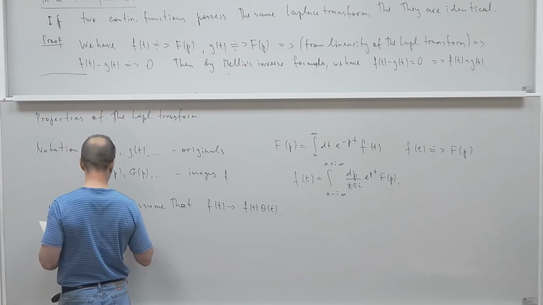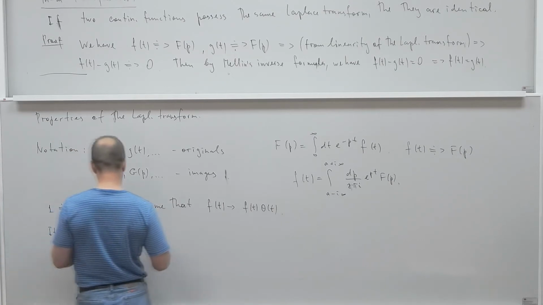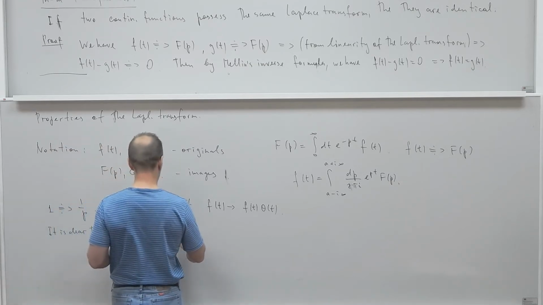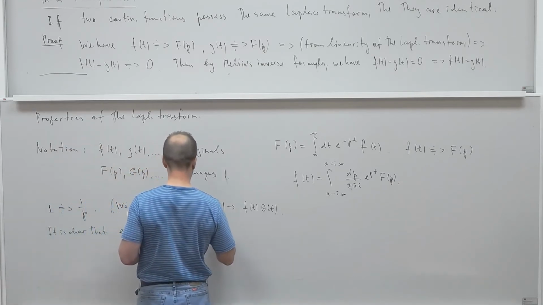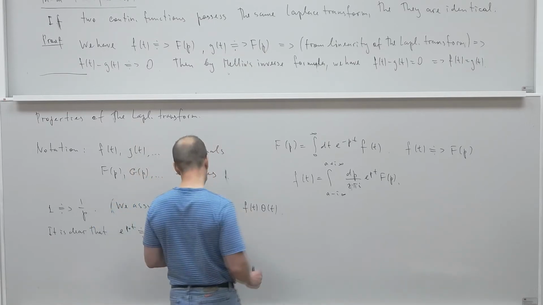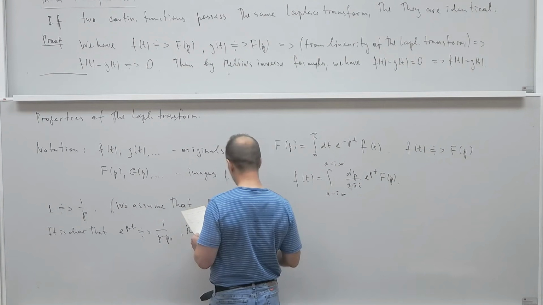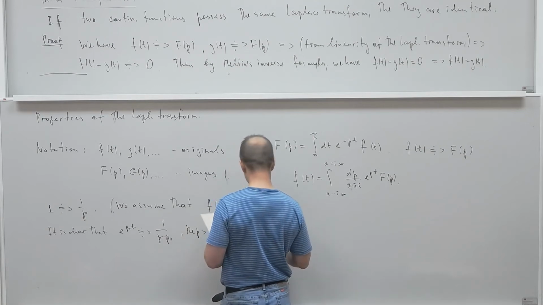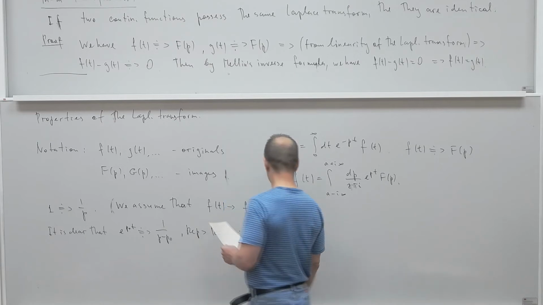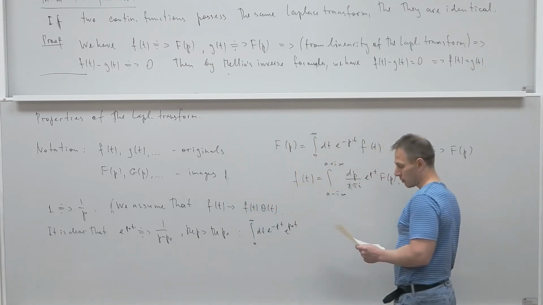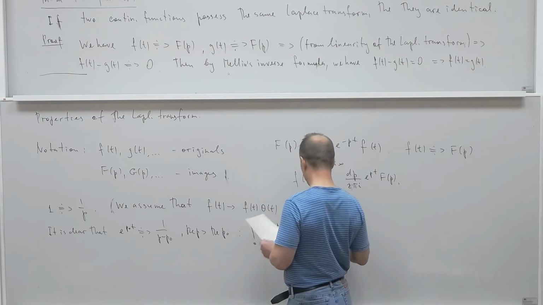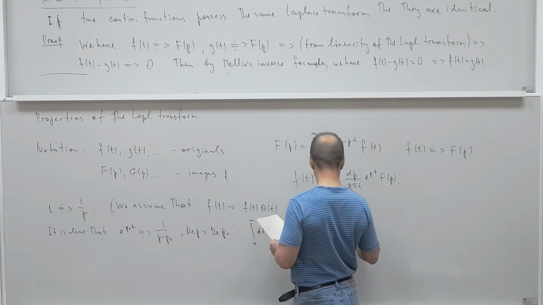It is also clear that the exponential function is transformed into such an expression when the real part of p is greater than the real part of p0. The proof is elementary, namely we must consider the full integral, and it is written as follows.